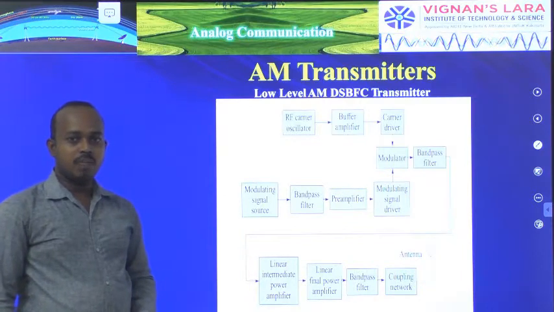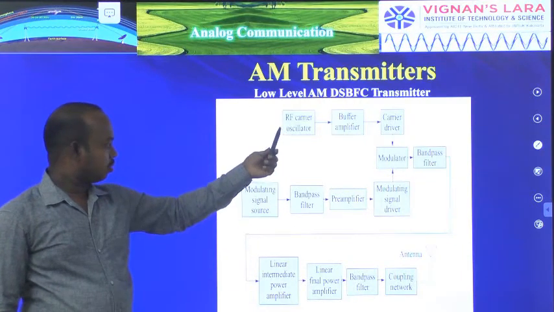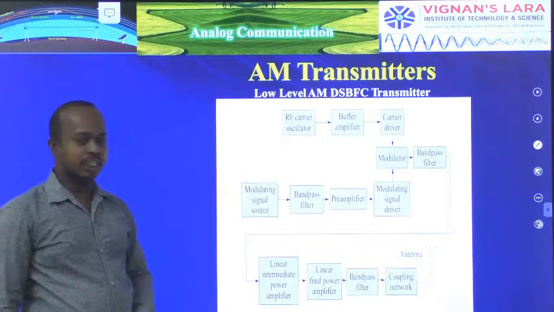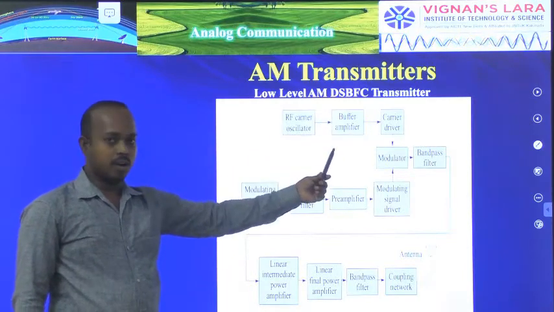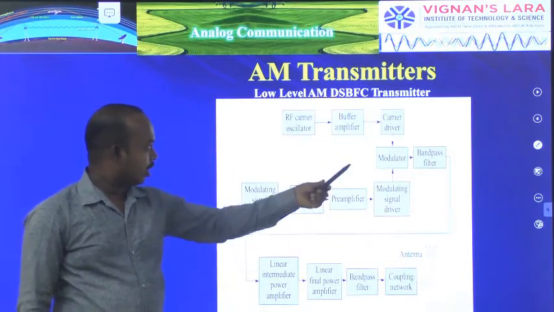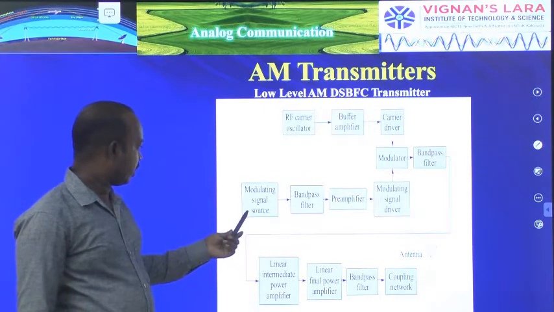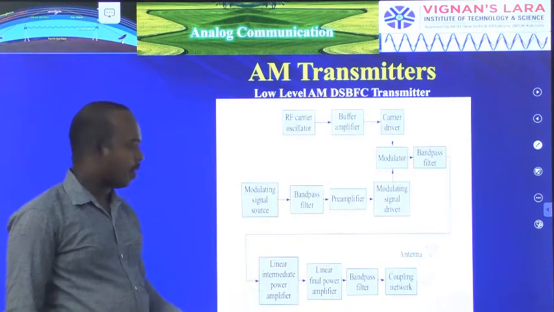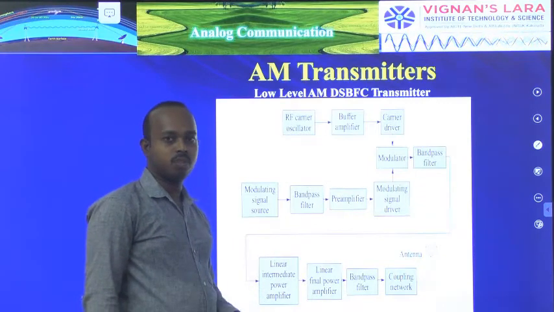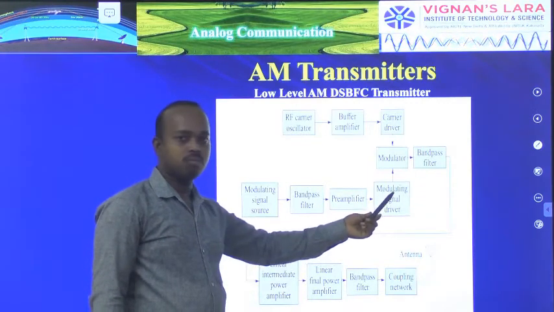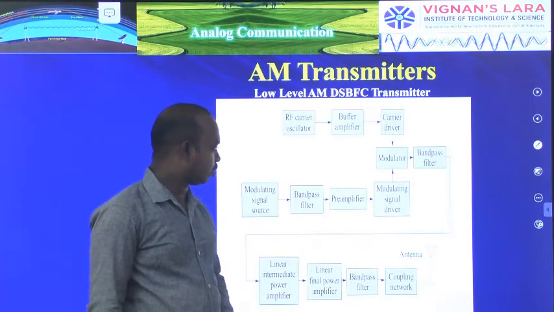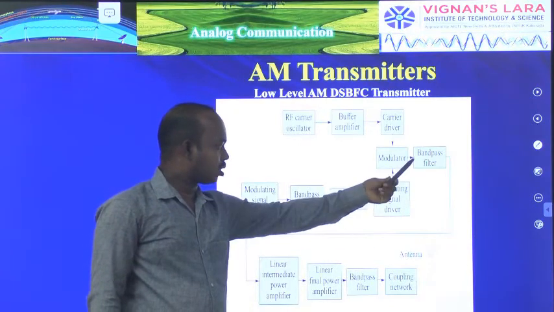The fundamental blocks are the RF carrier oscillator, buffer amplifier, and carrier driver, and also the modulating signal source, band pass filter, pre-amplifier, modulating signal driver, and band pass filter.